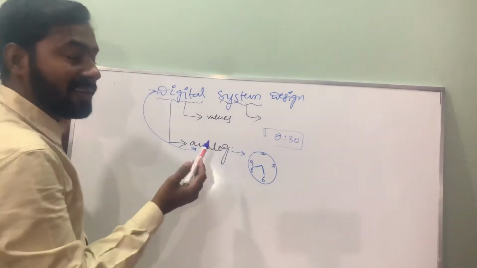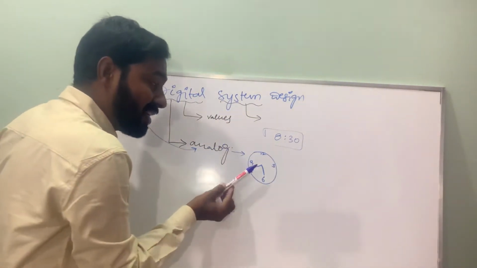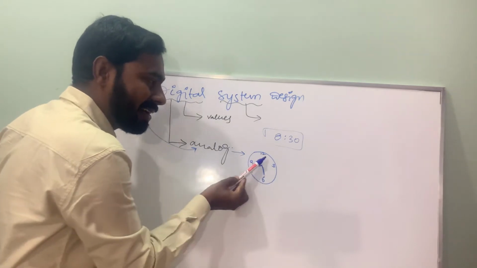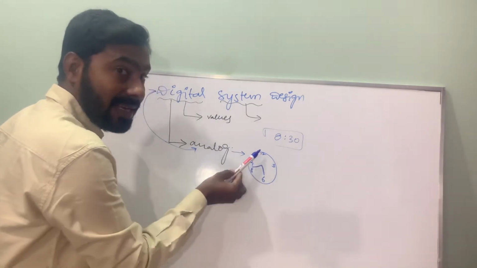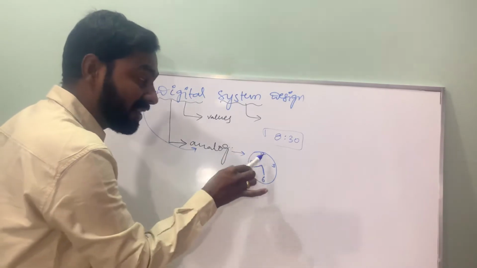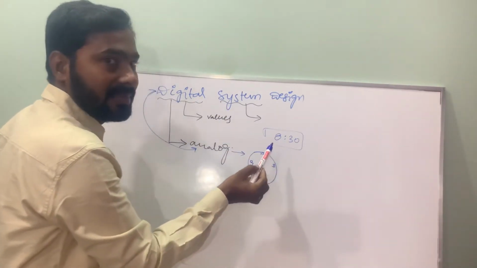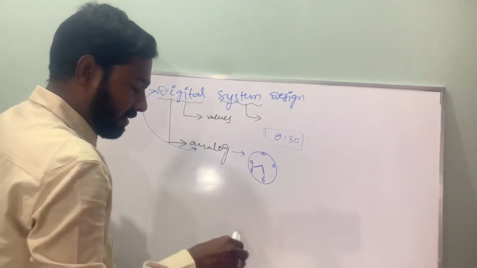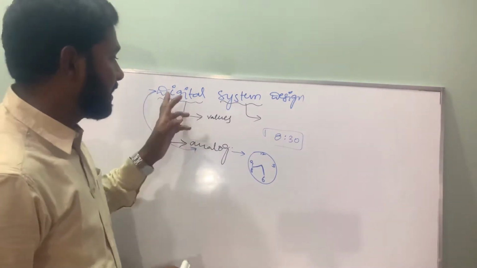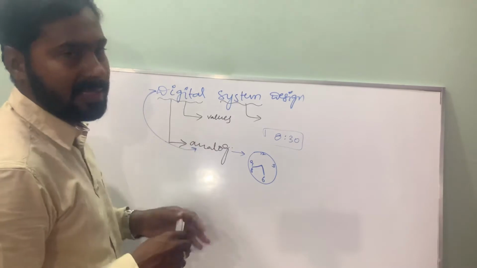Analog doesn't specify. Here time is continuous, varying continuously, and each and every instant represents time. In digital it is discrete time. So that is the difference between analog and digital.